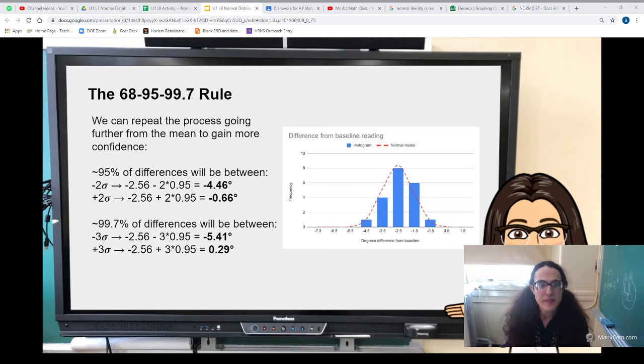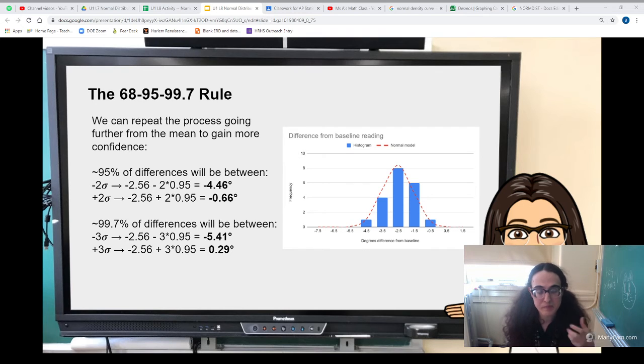But these give me different windows, different ranges of values where I can expect my results of future readings to fall. And this is tied to the level of confidence that I want. If I want 95%, I can use this interval. Or if I want 99.7%, I can do these.